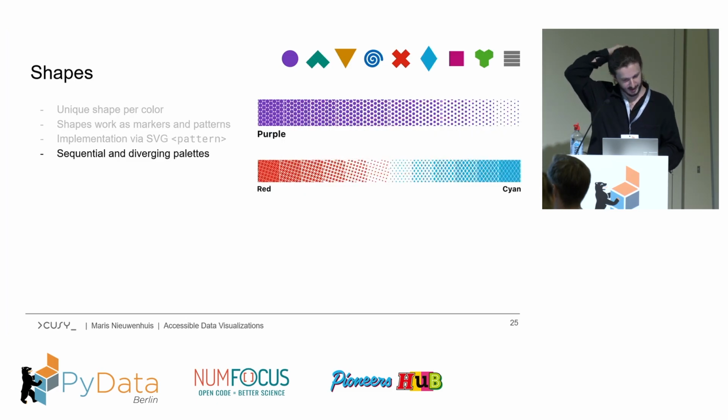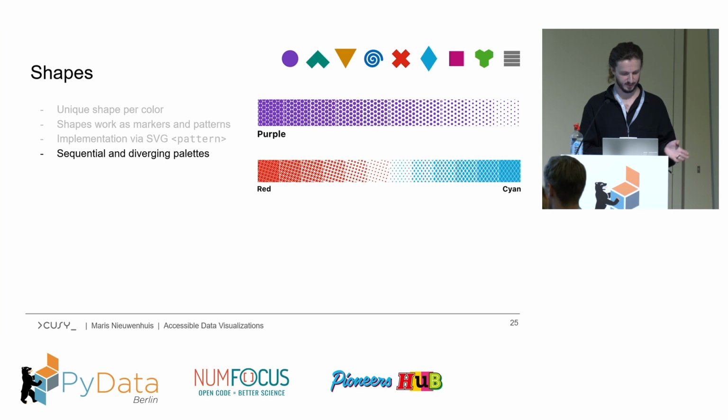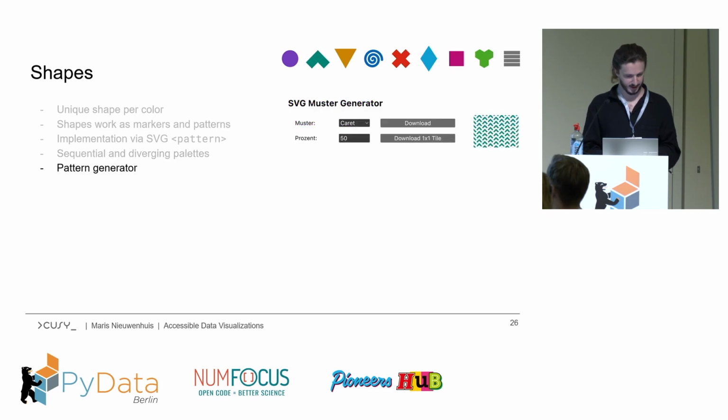Now that we have these nice shapes and tiling patterns, we can also generate palettes, like sequential palettes in case of the purple here, and diverging palettes, for example for hot to cold relations with red to cyan. And to make that available, I developed an SVG pattern generator.